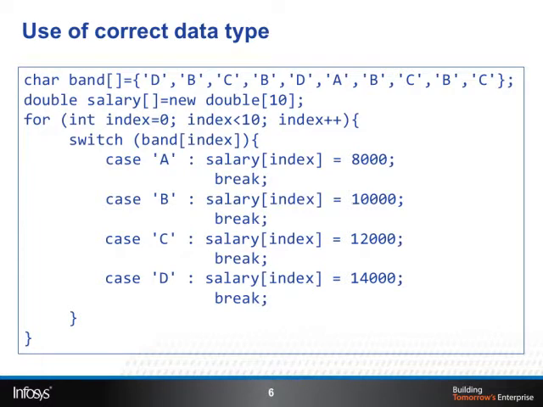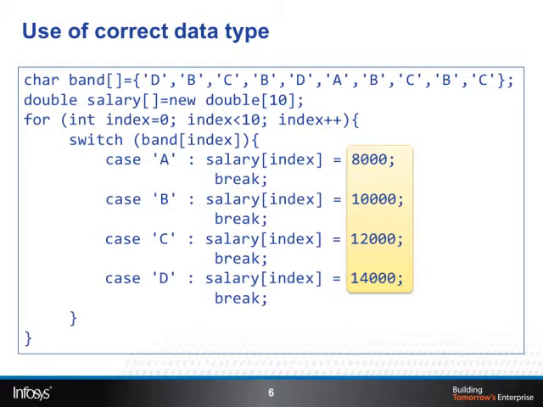Please have a look at the code given. One double array named salary has been created to hold the salaries of different employees. Here, in each case, we are assigning integer values to double array elements. This is not an error, but implicitly these integer values need to be converted into double and then assignment will take place.